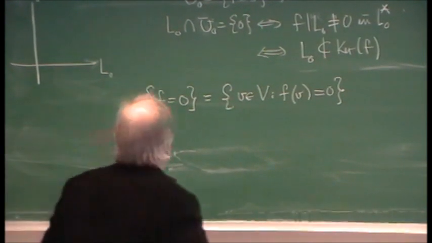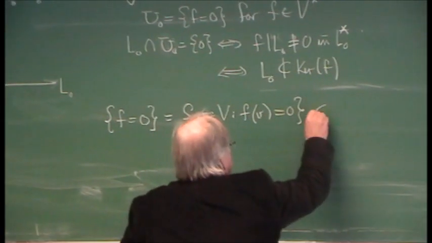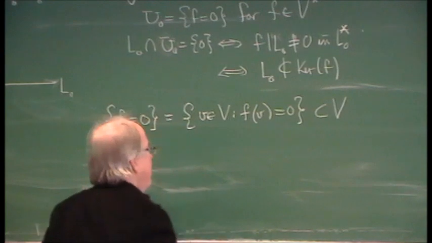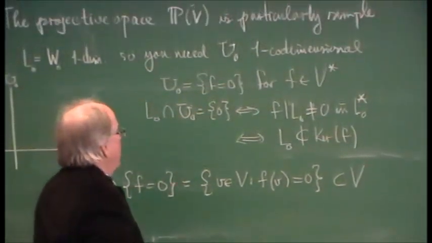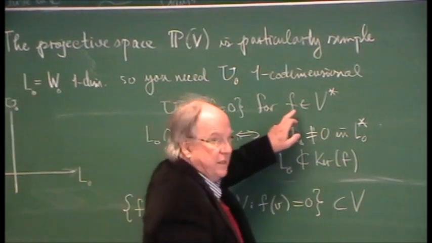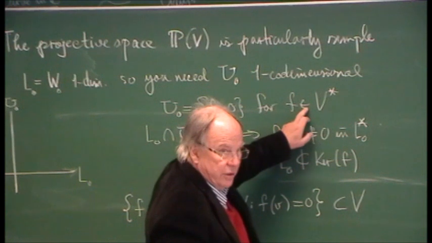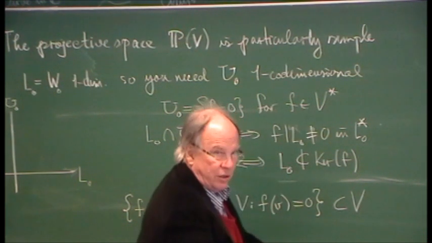Well, let me just go through this and you stop me where I say nonsense. Okay, this is contained in V, right? Yeah. Okay, so, oh, I think I know what you mean. This is for some fixed element of V dual. Yeah, that's the confusing thing.